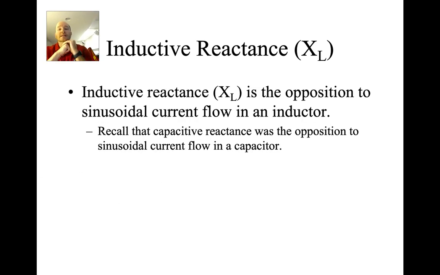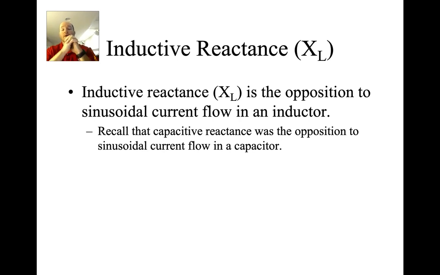So inductive reactance, or what you'll know as X of L, is the opposition to the sinusoidal current flow of an inductor. Remember that an AC waveform is going to come up, peak, come down, peak on the negative, and then come back to zero. And how is this going to interact with this?